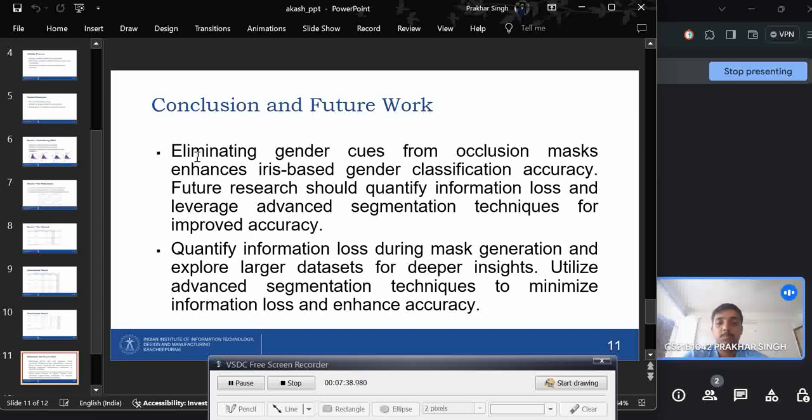Understanding and mitigating this impact are crucial for unbiased biometric analysis. The study underscores the necessity of quantifying information loss during mask pairing and exploring newer deep learning techniques for improved segmentation. Ultimately, prioritizing iris structure analysis can enhance the reliability of gender classification in biometric systems.